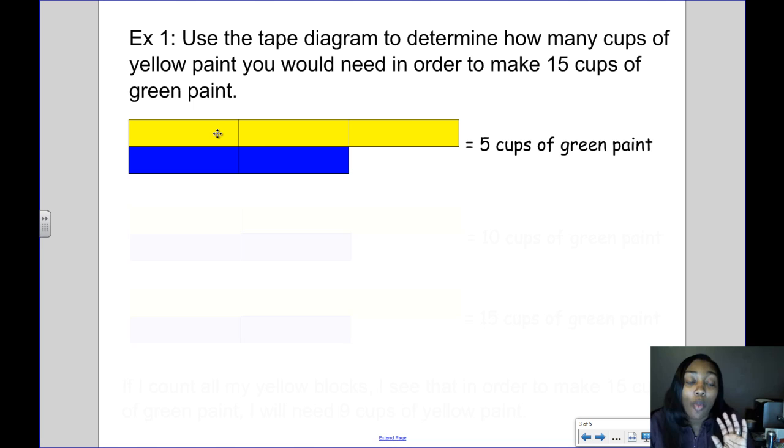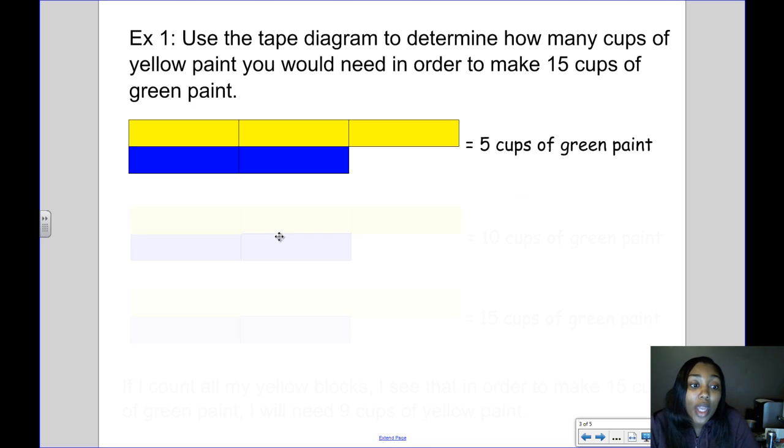So if one recipe makes 5 cups of green paint, so if we mix 3 cups of yellow with 2 cups of blue, we'll get a total of 5 cups of green paint. Then we want to know how much yellow paint we are going to need in order to make 15 cups of green paint.